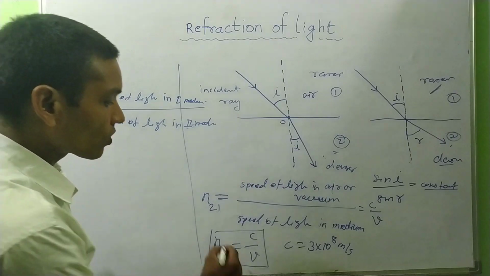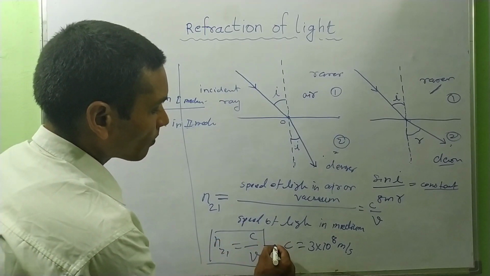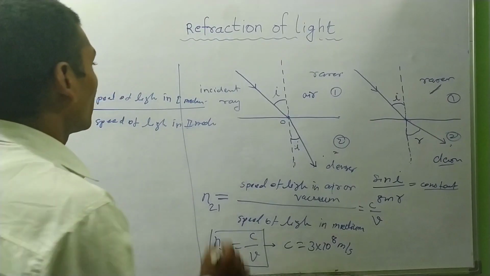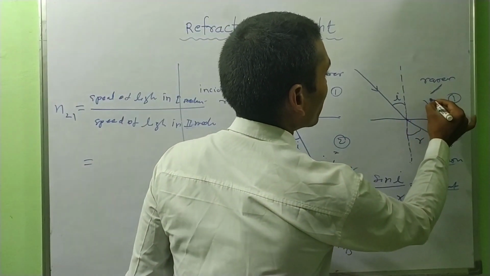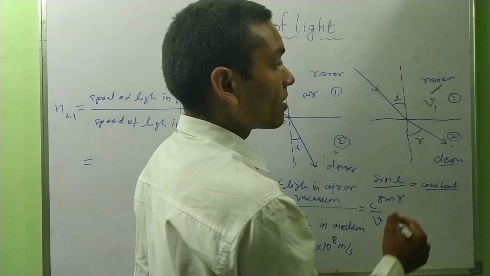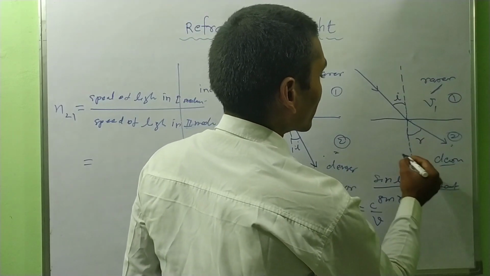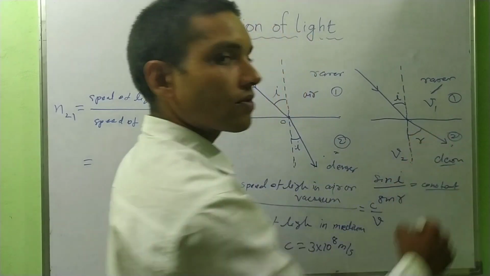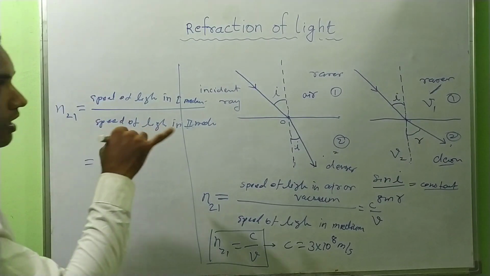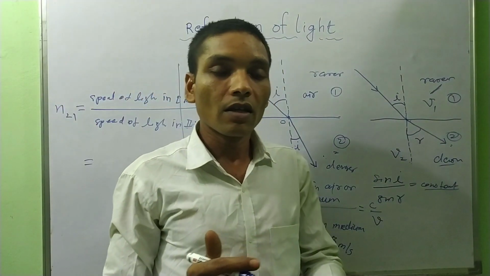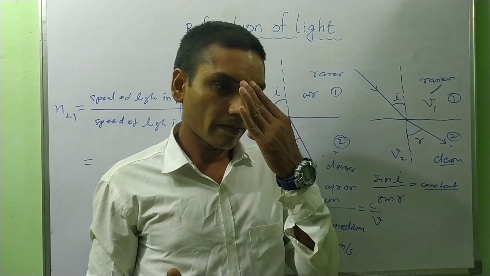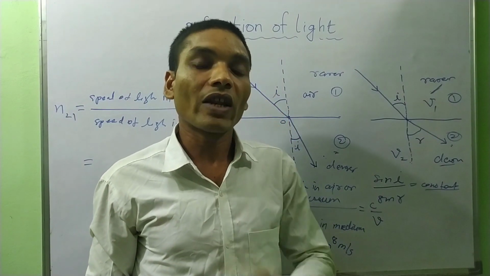And let the speed of light in the first medium be v1 and in the second medium be v2, then this refractive index is said to be the relative refractive index.